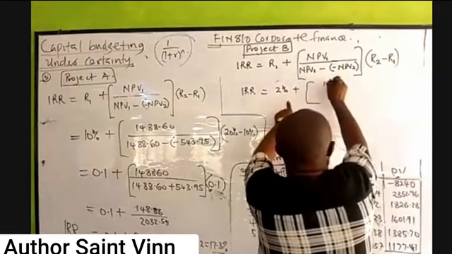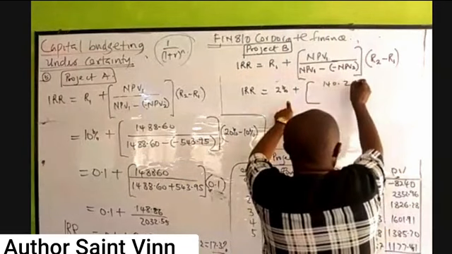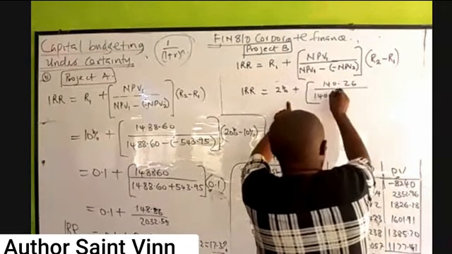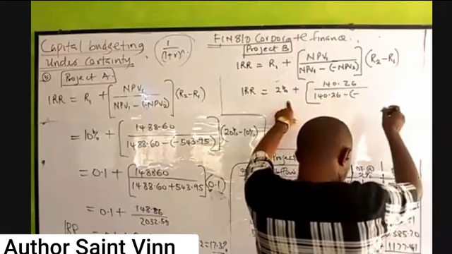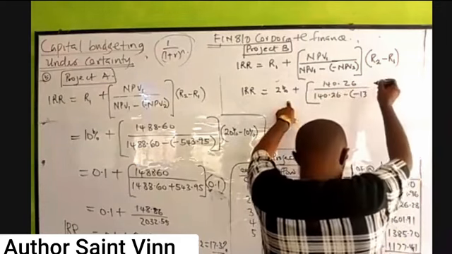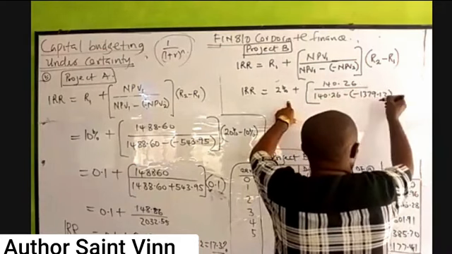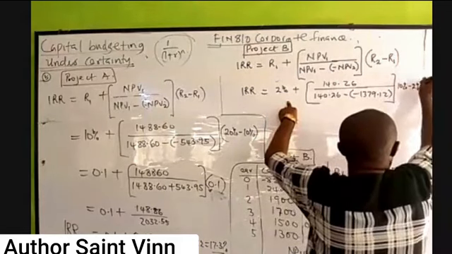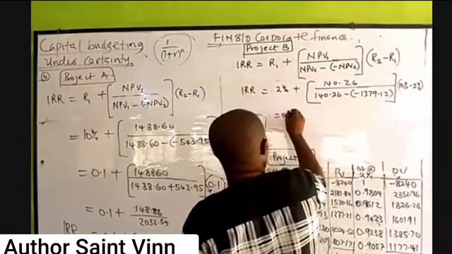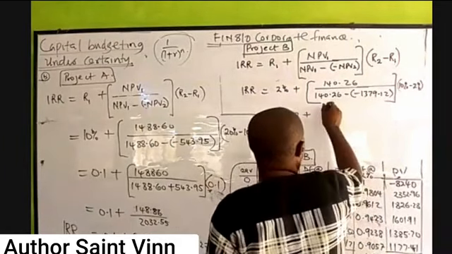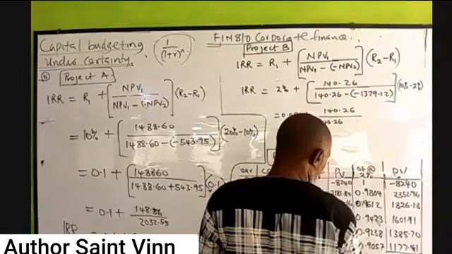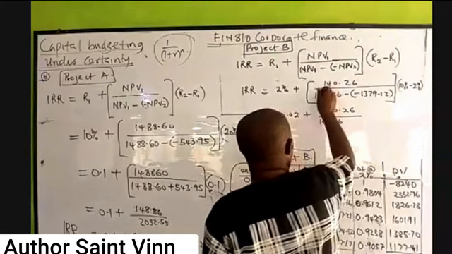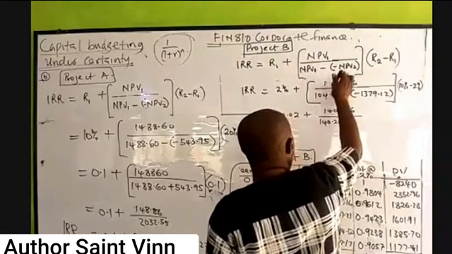This is 104.26 all over 104.26 minus 1379.12, and 10% minus 2%, so here is 0.02. Hello, sir. Yes, I can hear you. That's not 140, that's 104.26. Oh, thank you, Jerry. Thank you for seeing it from that side.